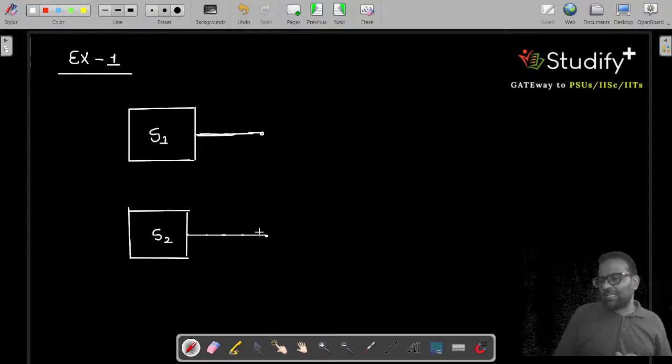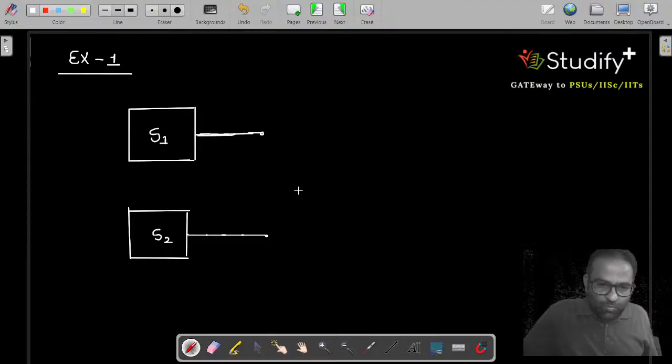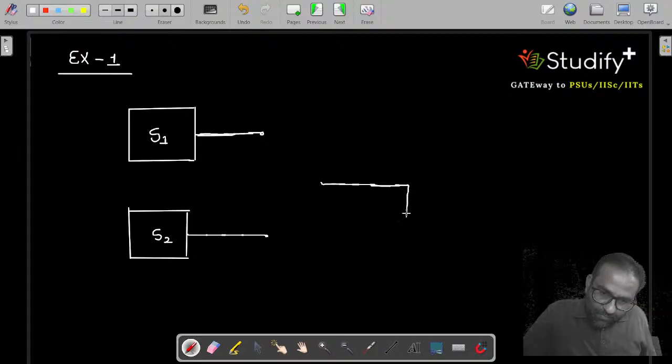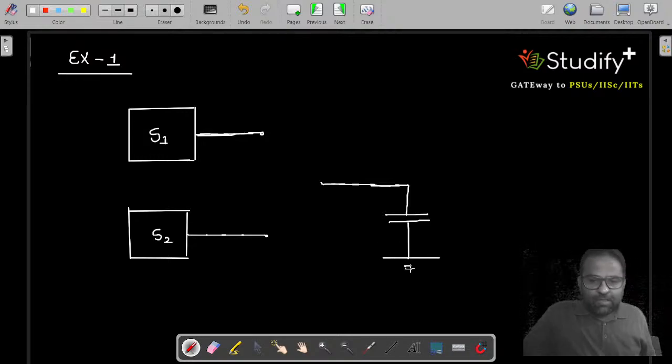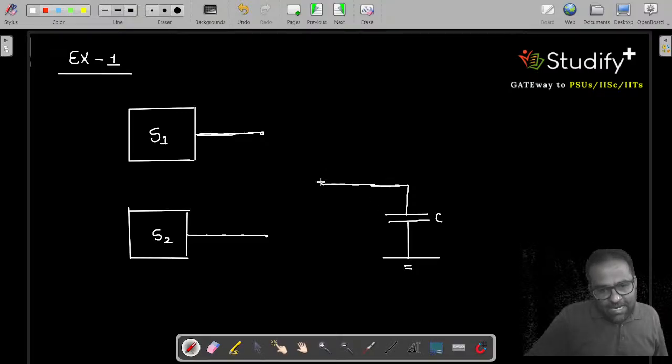Let's say one energy storing element, a capacitor C, is connected to these two sources. I am calling one source number 1 and the other source number 2.